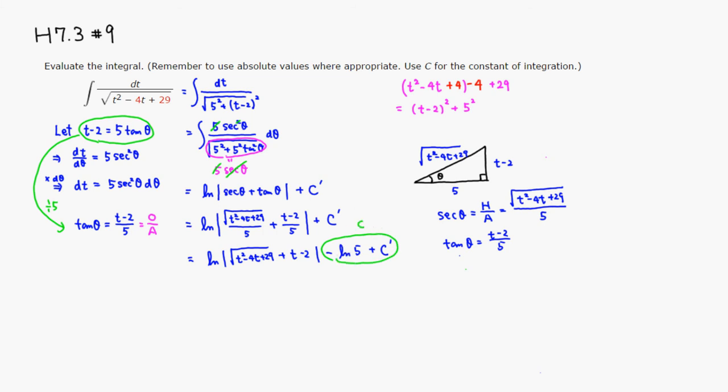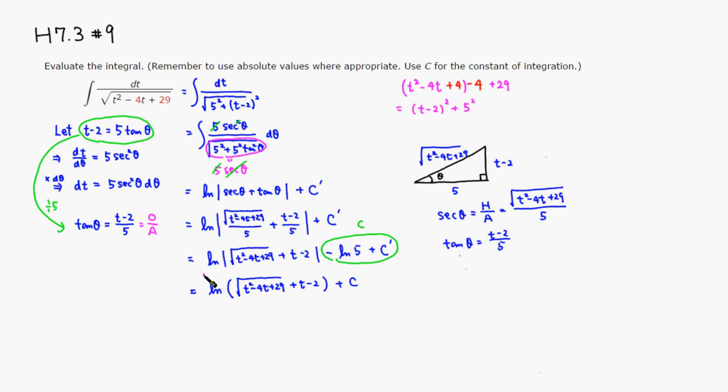So what you get is the natural log of, and we might not need the absolute value here because this is always a positive quantity, so maybe I'll just put parentheses, the square root of t squared minus 4t plus 29 plus t minus 2, plus some constant c.